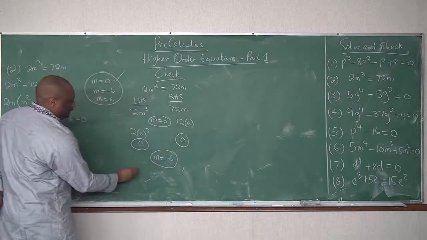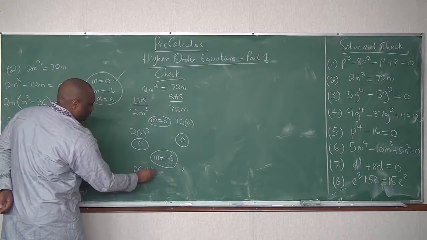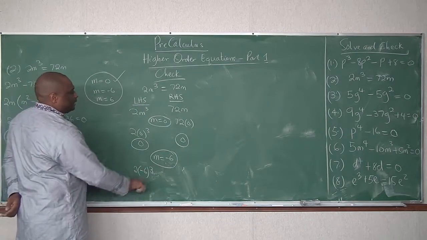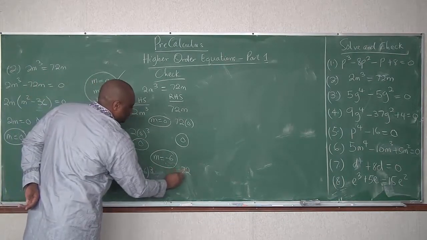Then we check for m equal to negative 6. So we write 2 times negative 6 all cubed, and this will be 72 times negative 6.